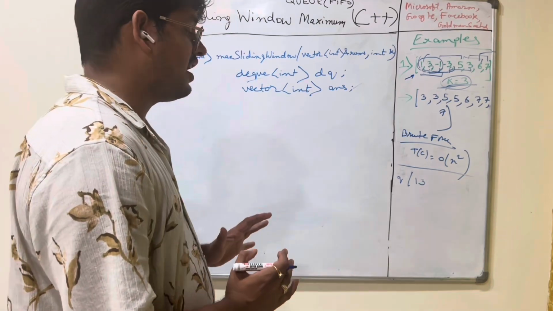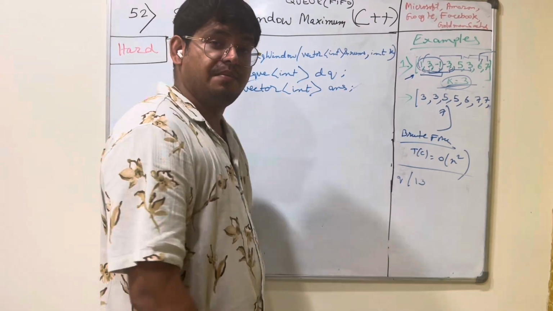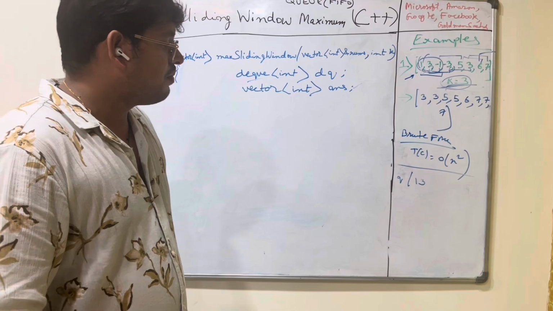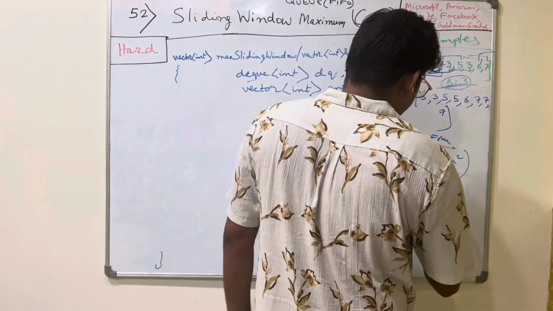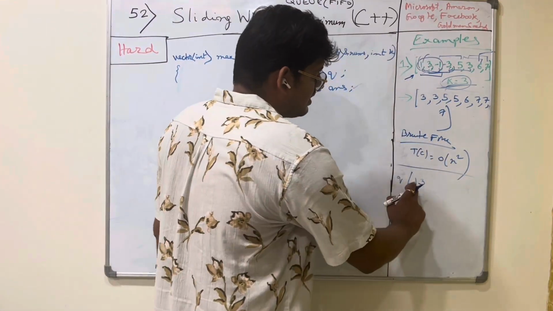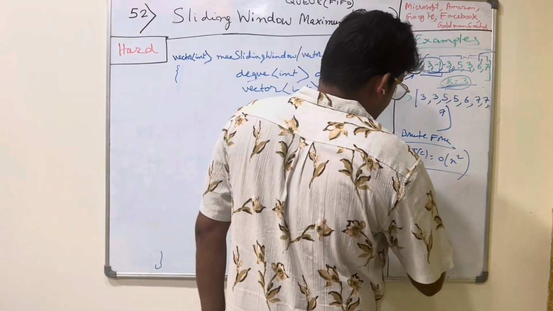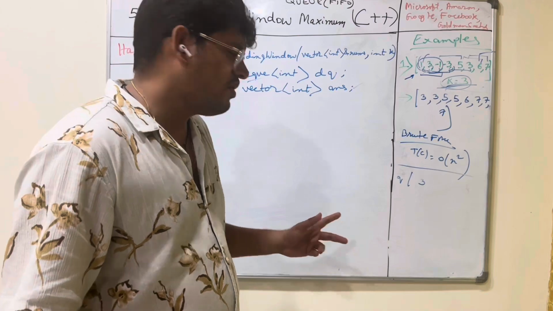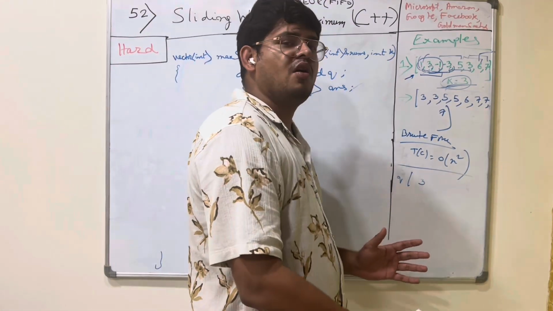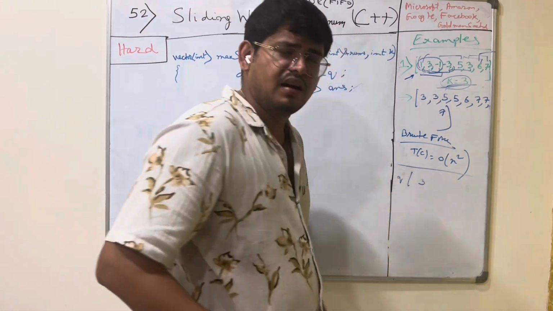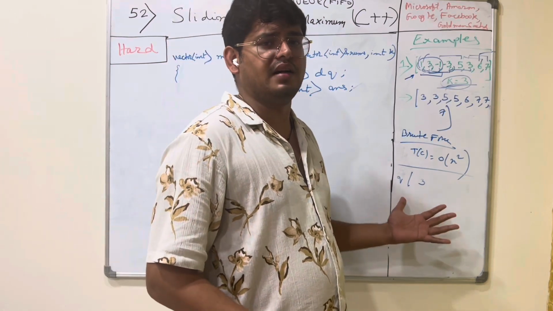So we will try to keep the 3 in the beginning. If this coming element is greater than the last element present in the queue, why don't we pop this out? Because we don't need it. Any other element that would come, we will anyways return the greater element. 1 is not going to be required.